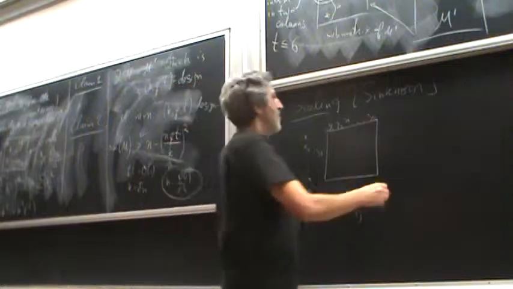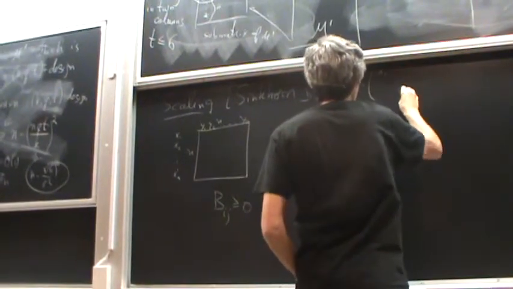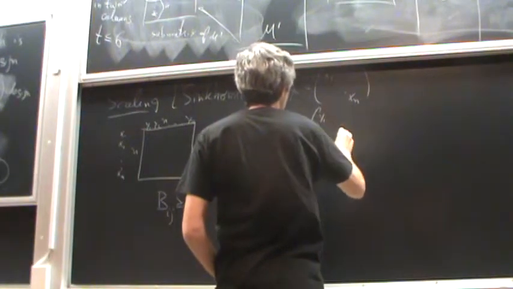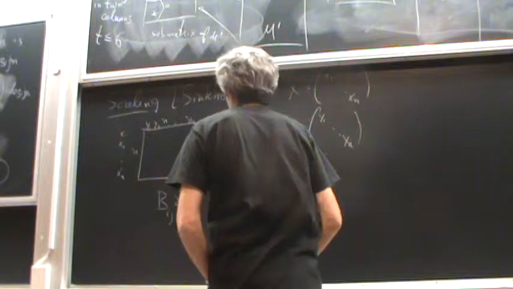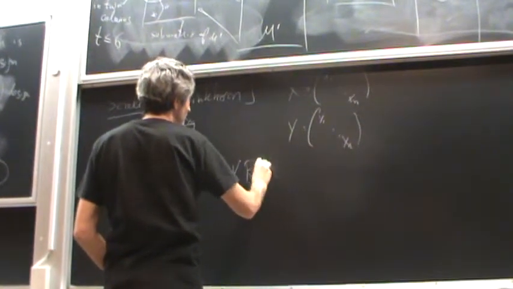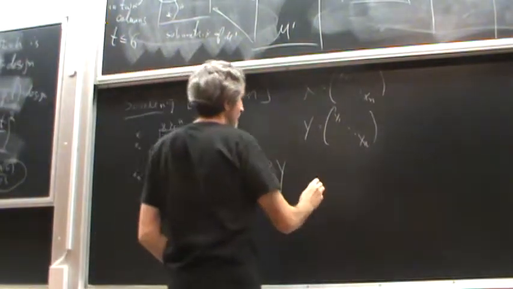So what you want, if you think of X as a diagonal matrix, X_n, and Y the diagonal matrix, Y_n, is that X B Y, this new matrix, will be doubly stochastic.